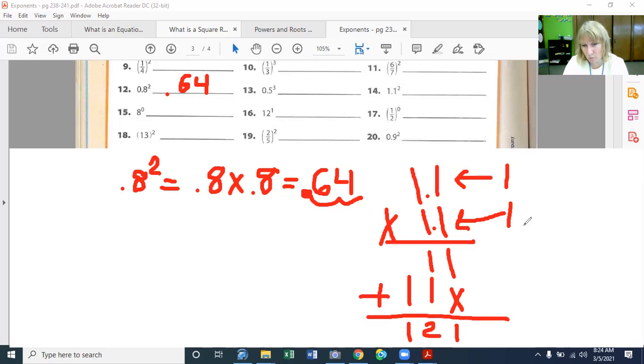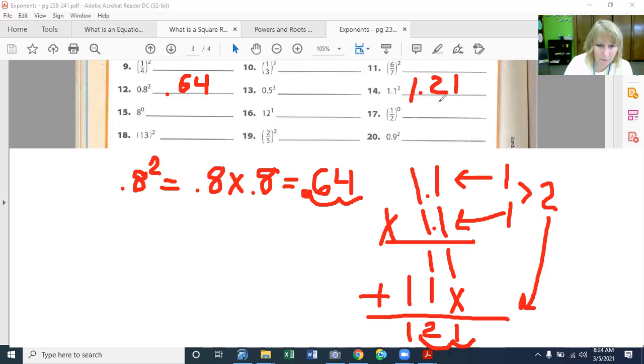That means 1 plus 1 is 2, so we need two numbers after the decimal in our answer. So our decimal starts at the end, and we go 2 places to the left. 1, 2. So that answer is 1.21. So yes, you can square and cube decimals just as much as whole numbers.